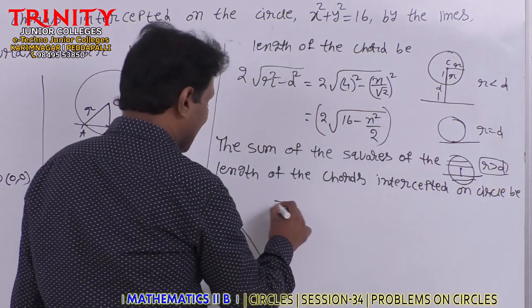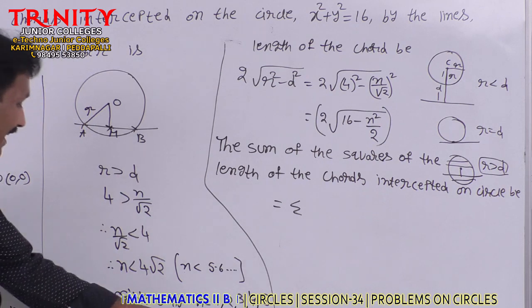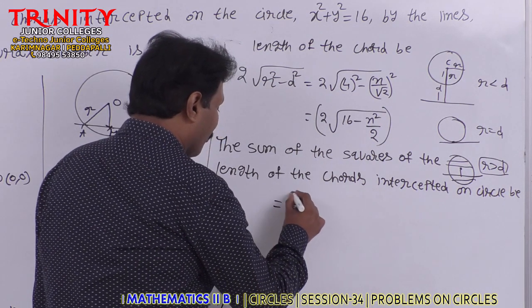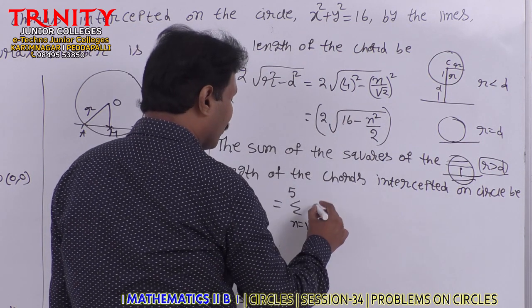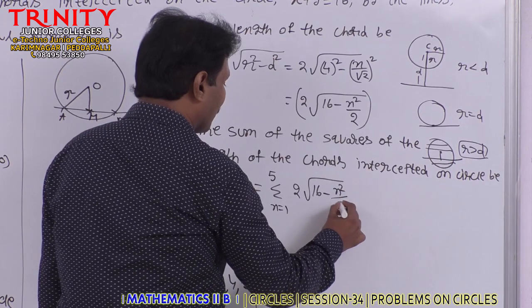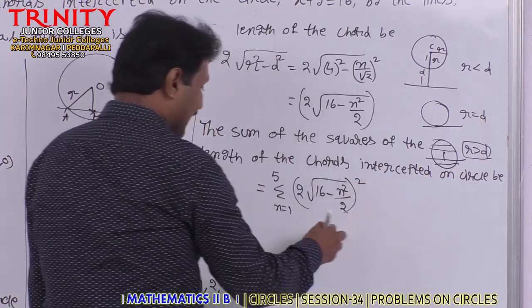Let it be summation. Here n value up to 5 is possible. Summation n equals 1 to 5 of (2 into square root of 16 minus n square by 2) whole square.